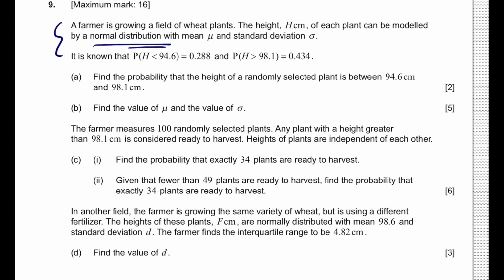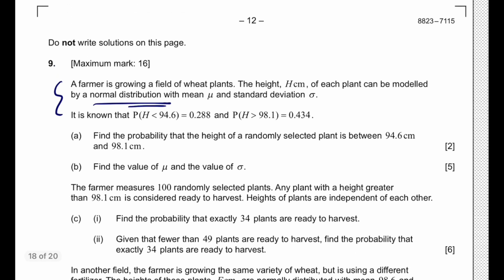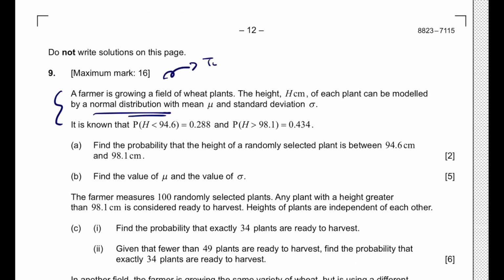So finally, we got the distribution question. That means this is a topic 4 question with the mean and standard deviation, right? It is known that P of H less than 94.6 is equal to 0.288, and P of H greater than 98.1 is 0.434.